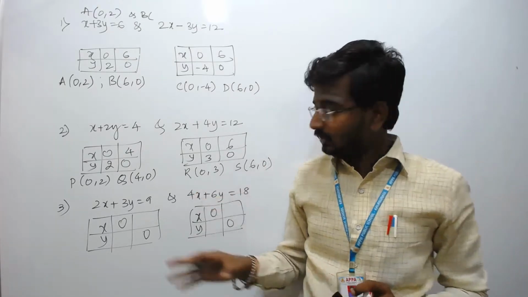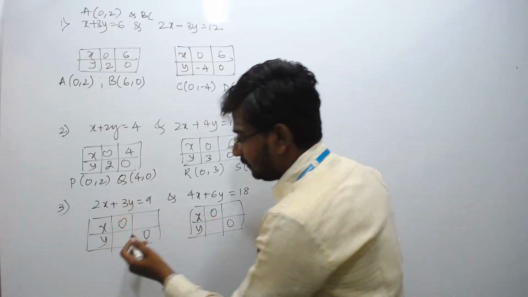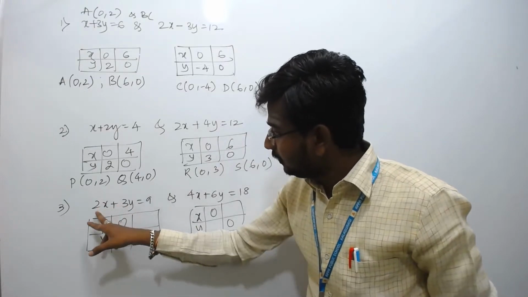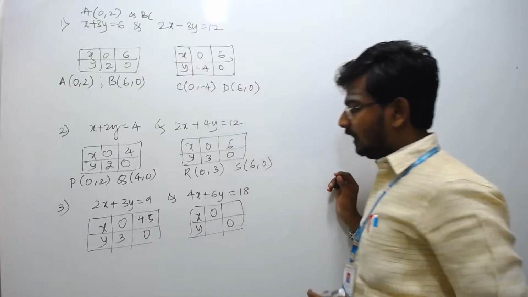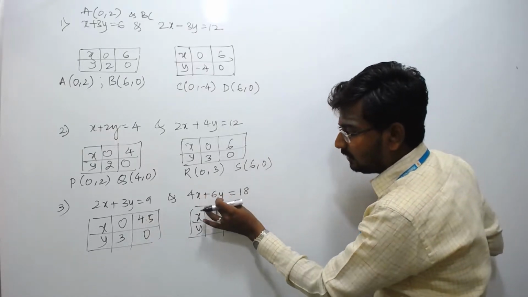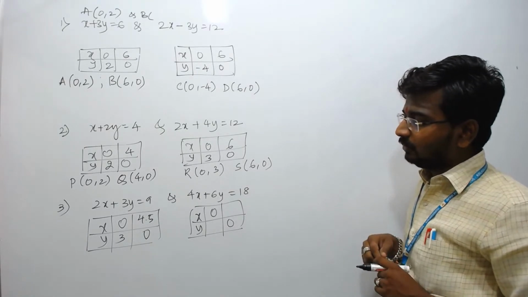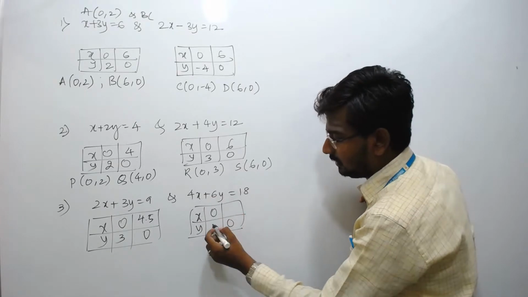Last one, odd numbers. When x is 0, it is understood: 3 ones are 3, 3 threes are 9, so y is 3. But when y is 0, x is 9 by 2, simple, 4.5. Then again, for the second equation, when y is 0, 4x equals 18, check what is 18 by 4. When x is 0, 6 ones are 6, 6 threes are 18, so y is 3.